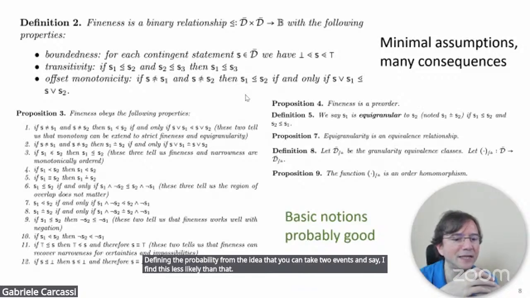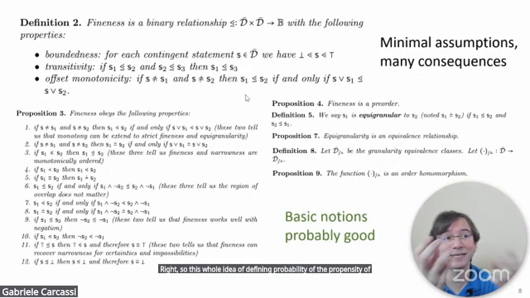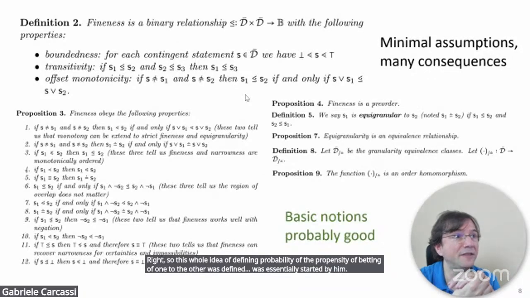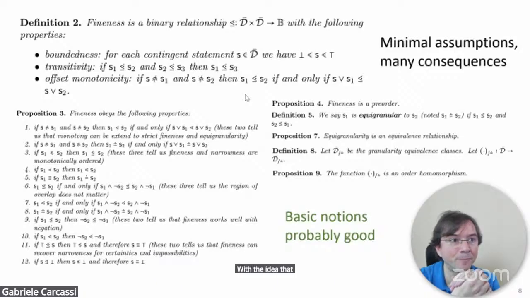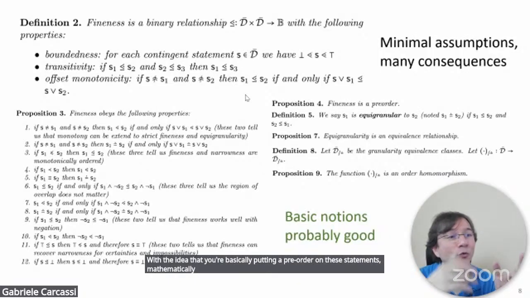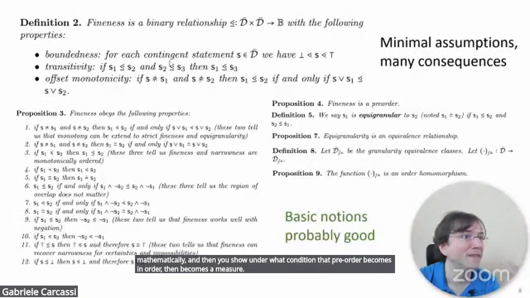This whole idea of defining probability through the propensity of betting on one over the other was started by him, by putting a preorder on these statements mathematically, and then you show under what condition that preorder becomes an order, then becomes a measure. And so this is essentially what we say.